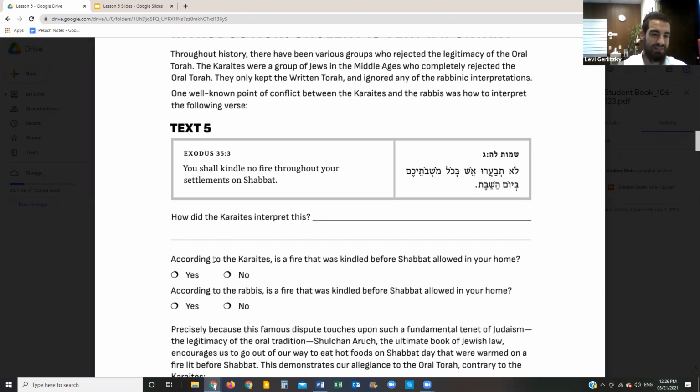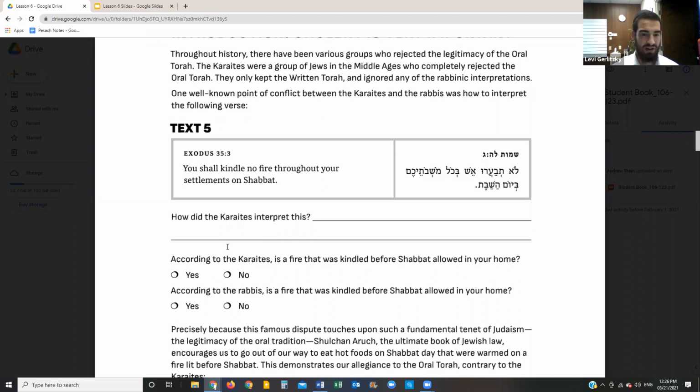The rabbi said, that is the incorrect interpretation of the verse, not because the rabbi said, well, I just believe that God didn't mean that. The rabbi said, Moses passed down in tradition, when he read this verse to the Jewish people, he said, God is prohibiting to light a fire on Shabbat, meaning if you have lit a fire before Shabbat and it stays lit on Shabbat, that is okay, because you're not actively doing anything on Shabbat.